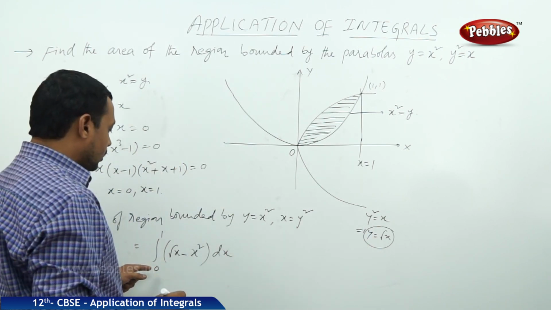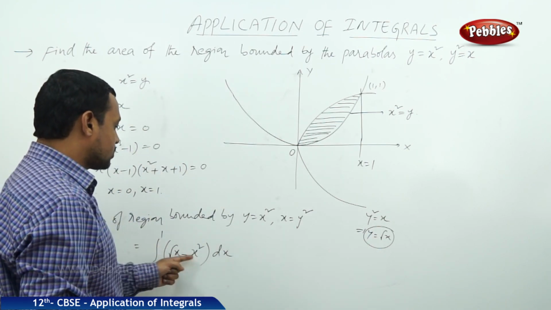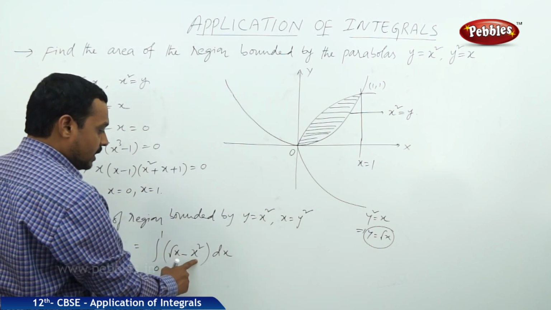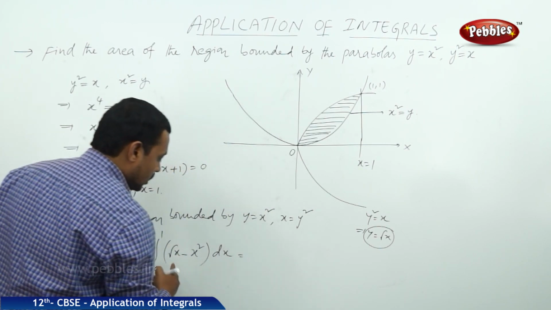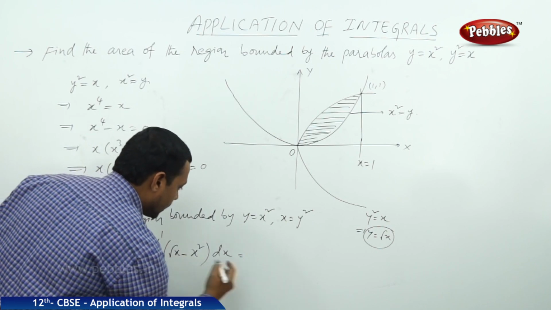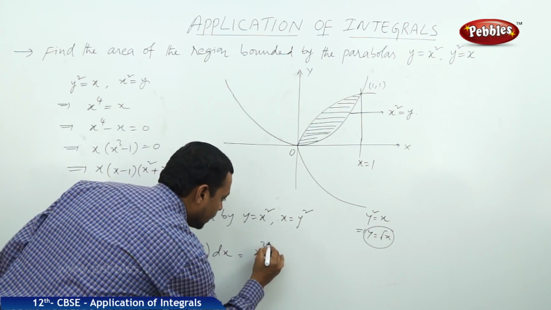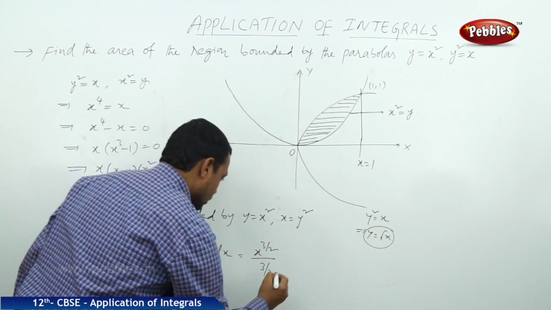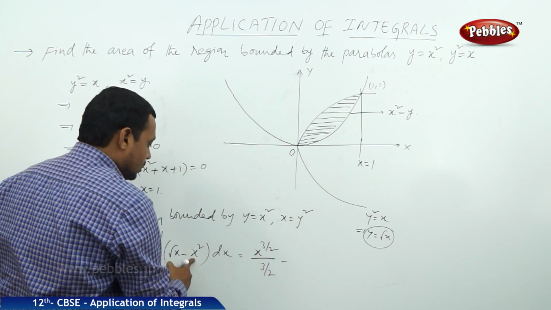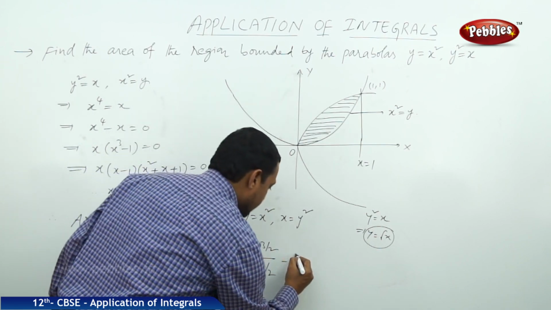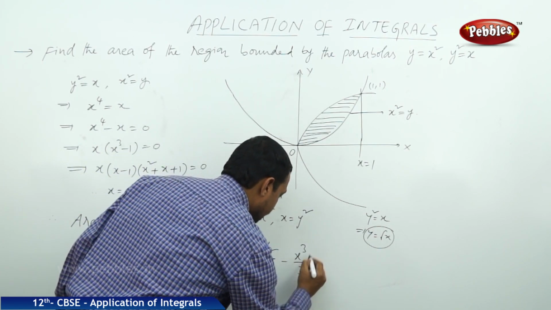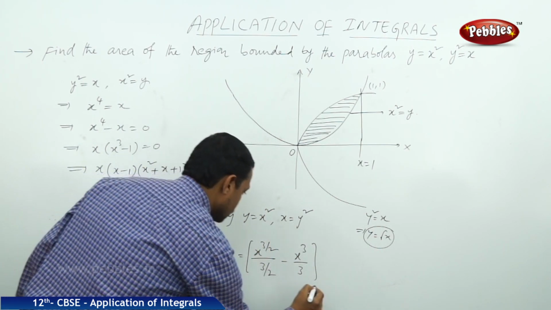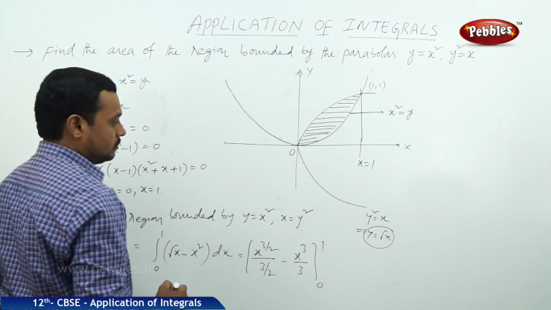So the integral from 0 to 1 of f(x) minus g(x), that is root x minus x square, dx. Now the integration of root x is x power 3/2 by 3/2, minus the integration of x square, which is x cube by 3, between the limits 0 to 1.